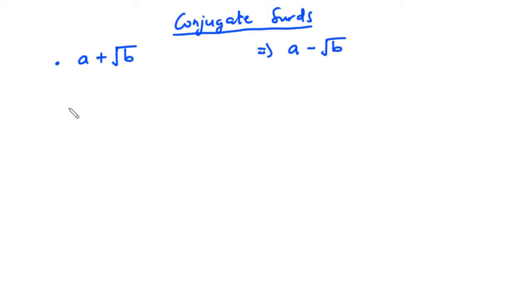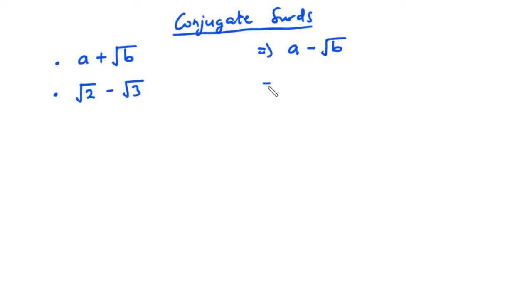Now the difference between the two is that if you are given this expression, to find the conjugate of it, you are going to change the operation in between the two terms, so that a plus the square root of b has a conjugate a minus the square root of b. Now let's say you are given the expression square root of 2 minus the square root of 3.